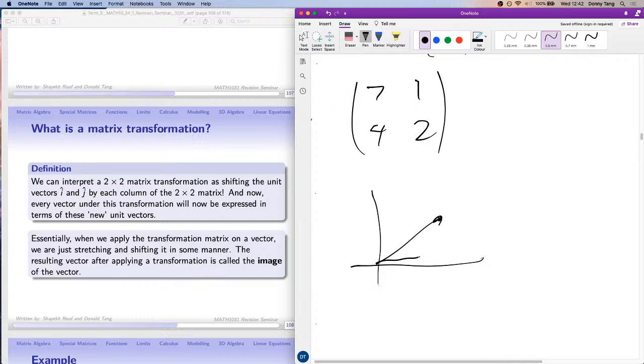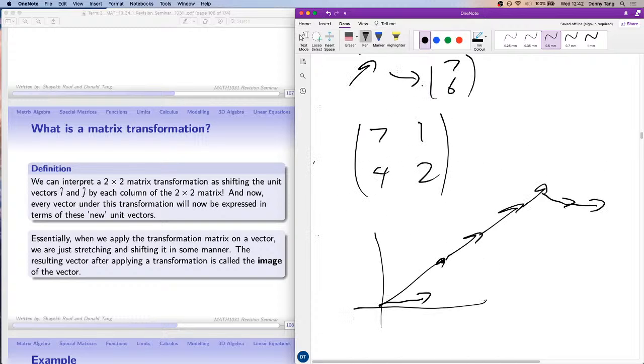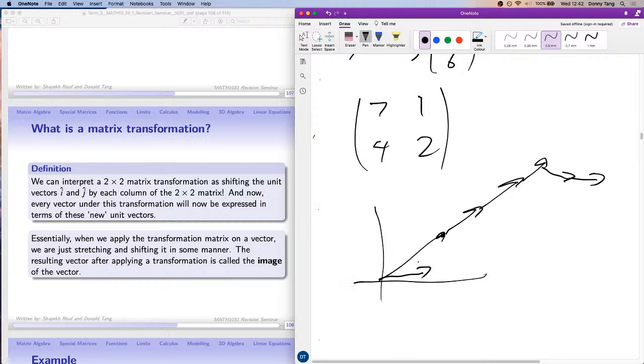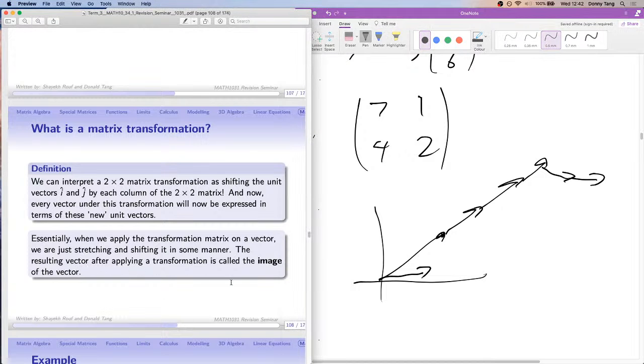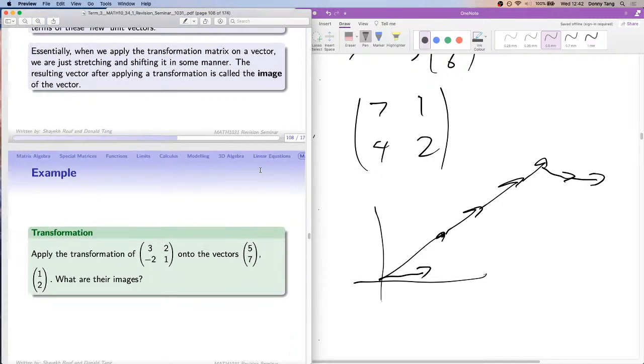So you're actually measuring all your new vectors in terms of these shifted vectors. I like to envisage it as just shifting the grid lines on your Cartesian plane. And the resulting vector after applying a transformation is called the image of the vector.